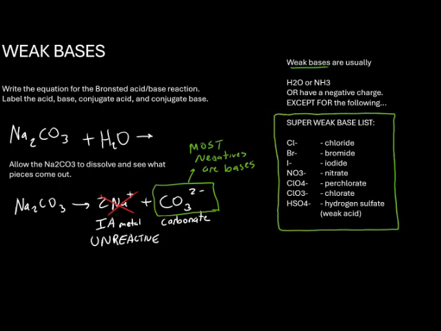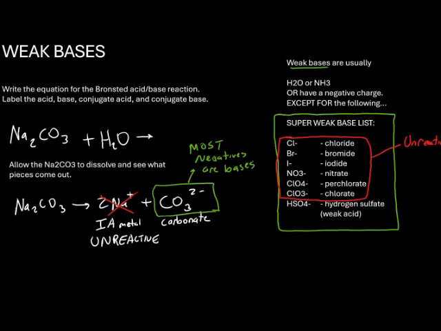If you see any of these, chloride, bromide, iodide, nitrate, perchlorate, or chlorate, all of these are not bases at all and are also unreactive. This means they will not take part in any further acid or base reactions. For the purposes of acid and base chemistry, you can safely ignore them.